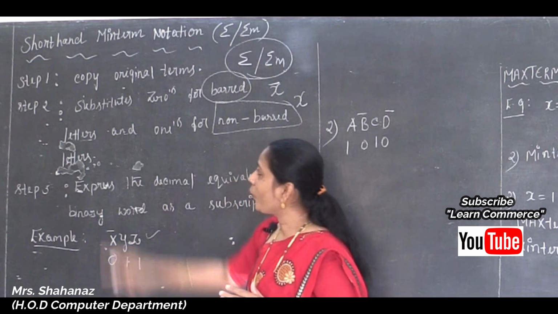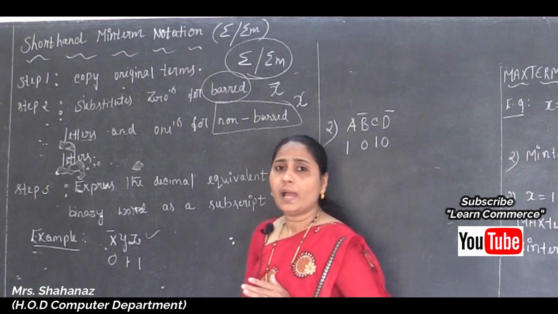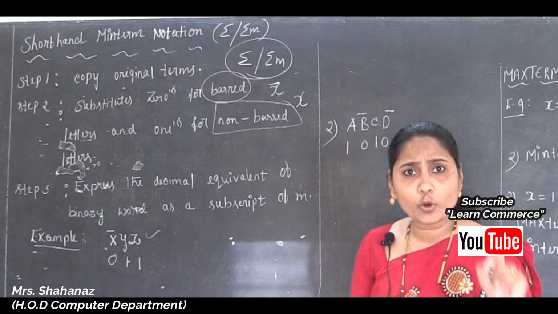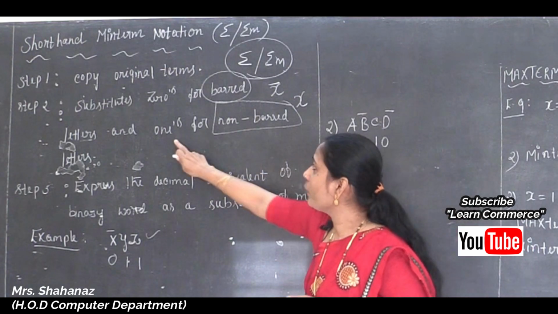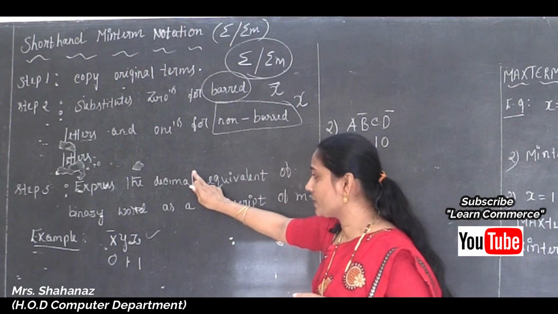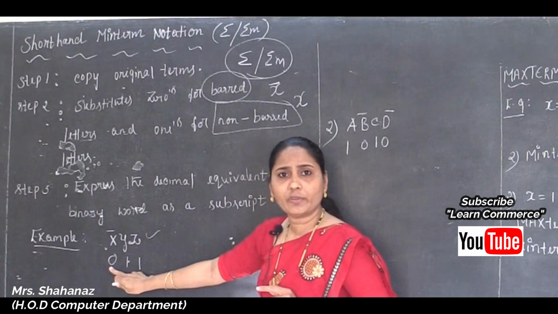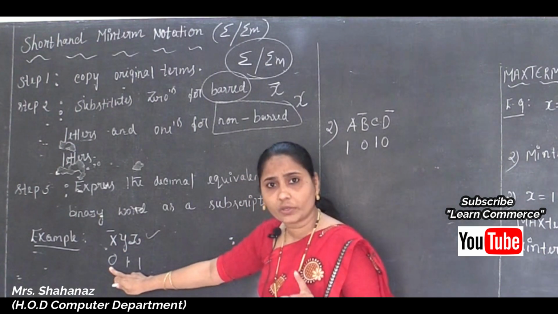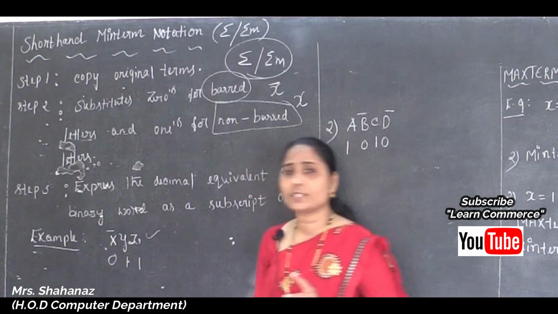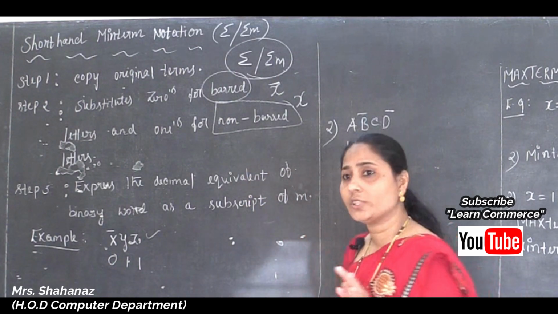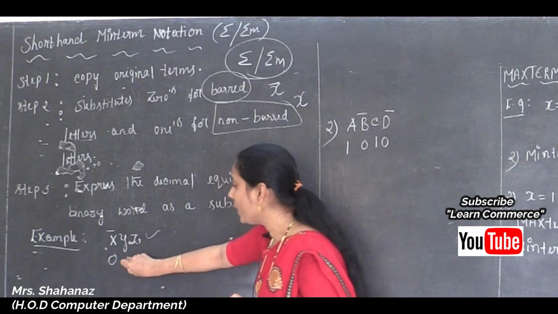Now I am going to take step 2. Substitute zeros for barred letters and ones for non-barred letters. The complement of x is a barred letter, so the number we need to use is 0, and for y and z there are no barred letters, so we use the number 1 and 1.